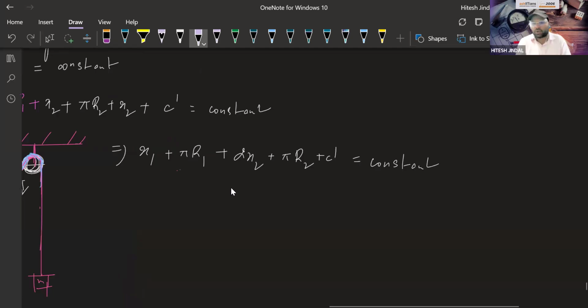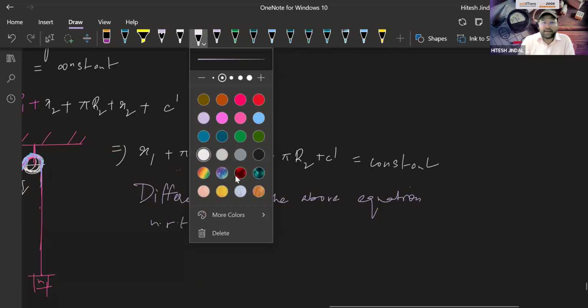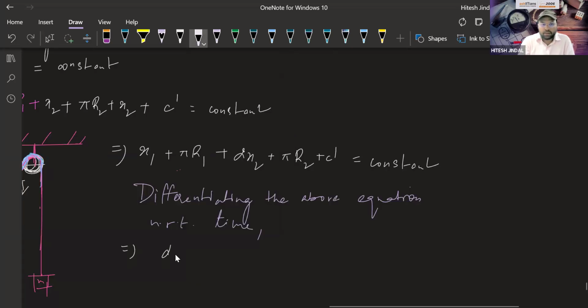Now if I differentiate this equation with respect to time, what would I get? dx1 by dt.